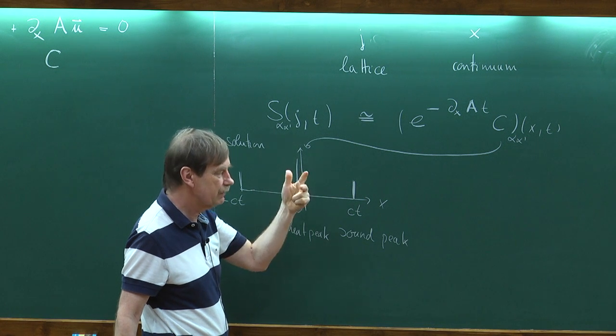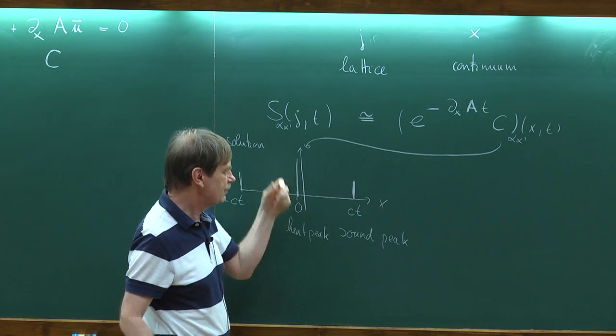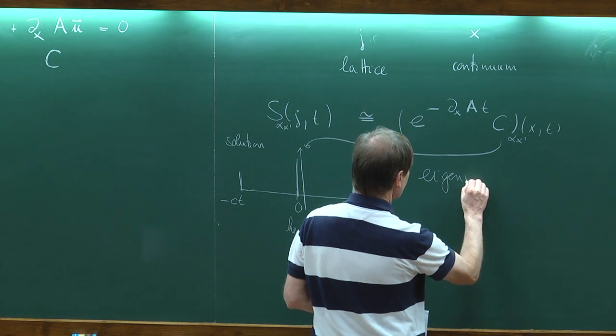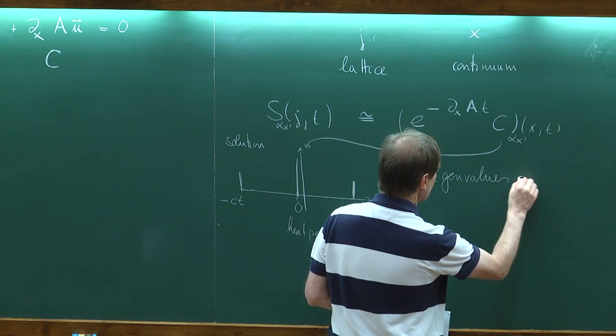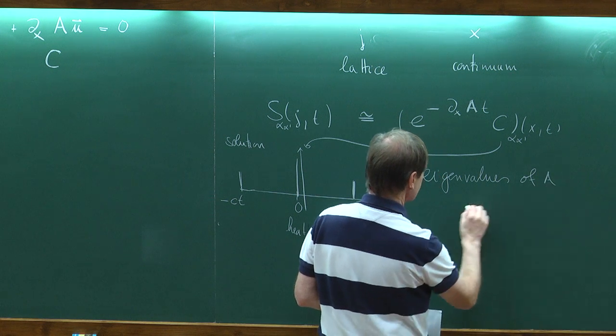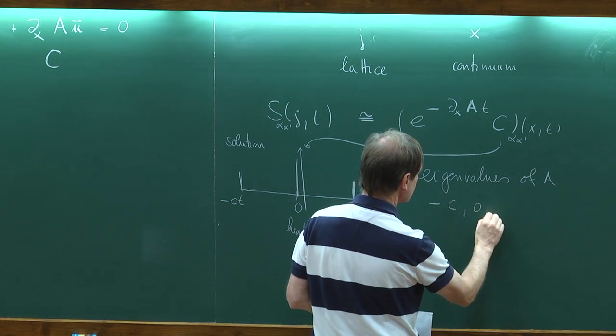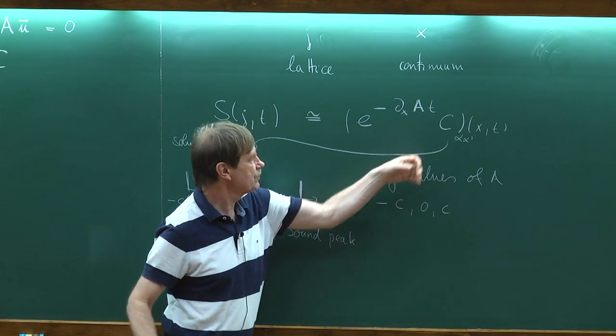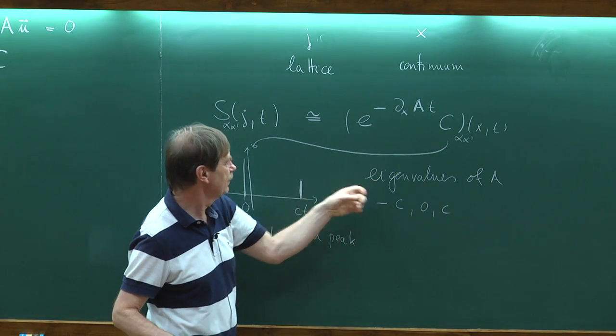The eigenvalues of A are simply minus c, 0, and c. They are moving linearly, and that's what I get.